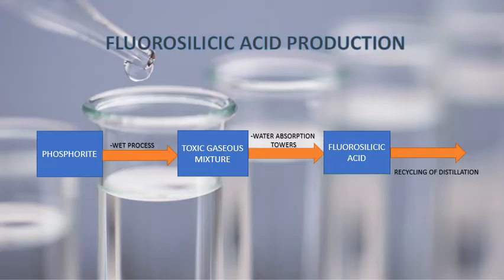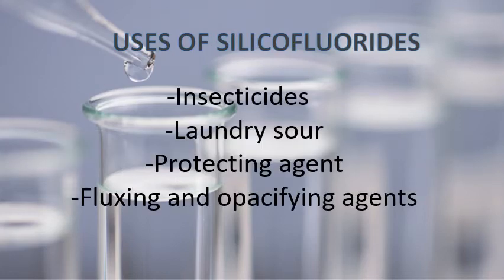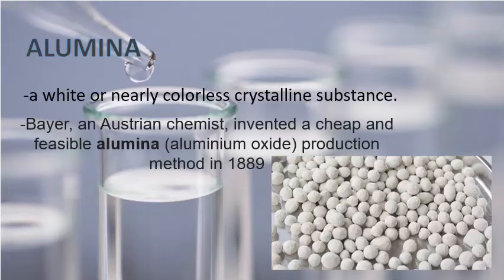For the fluorosilicic acid production, phosphorite turns into a toxic gaseous mixture by wet process, and then it undergoes water absorption that results in fluorosilicic acid, and then the recycling of distillation. Uses of silicofluorides: it can be used as insecticides, laundry sour, protecting agents, and fluxing and opacifying agents.